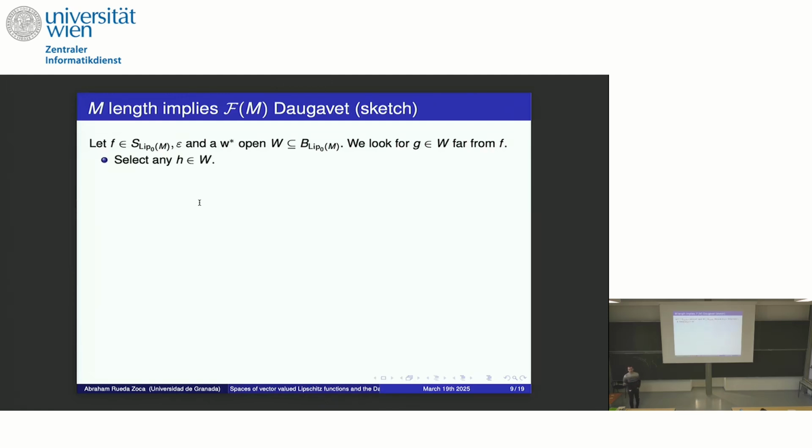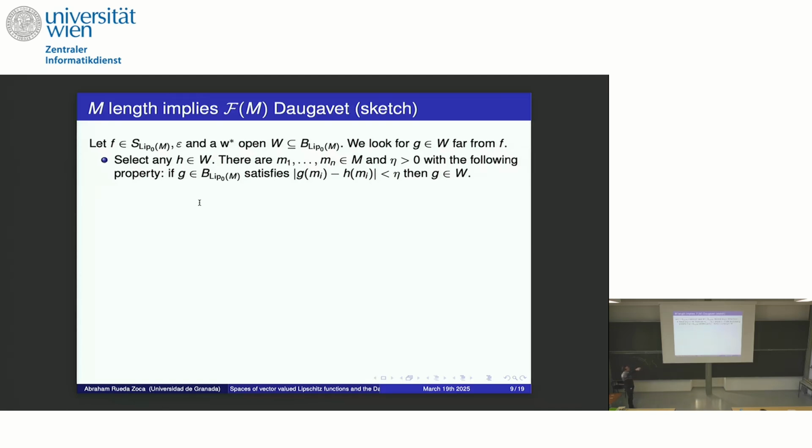Okay, we begin by selecting some h in W, and W satisfies that there are finitely many points m_i and an eta small enough with the property that whenever you take a Lipschitz function g whose values at m_i are near to those of h, then automatically g belongs to W. So somehow the belonging to the weak-star open set W depends only on finitely many evaluations at points of M, something that is natural and follows since evaluation mappings form a dense linear span.